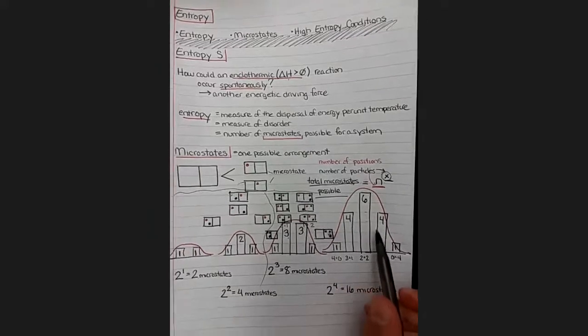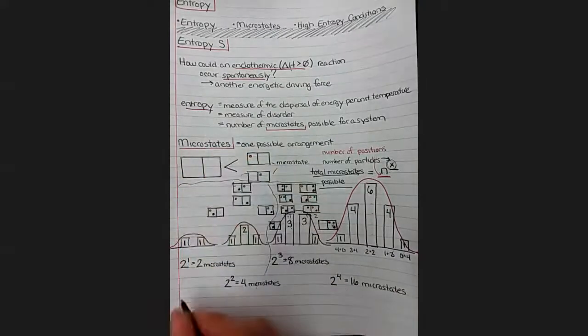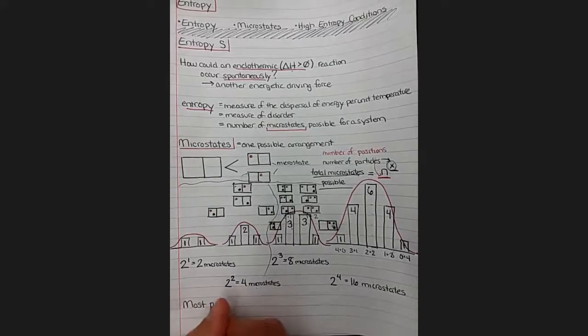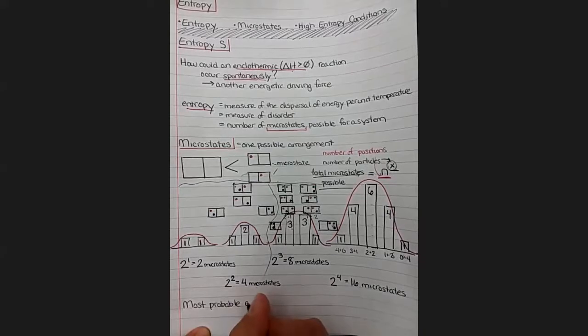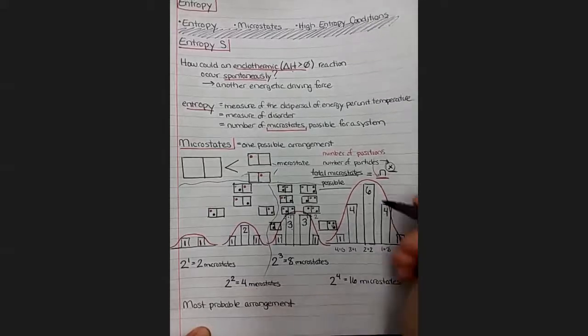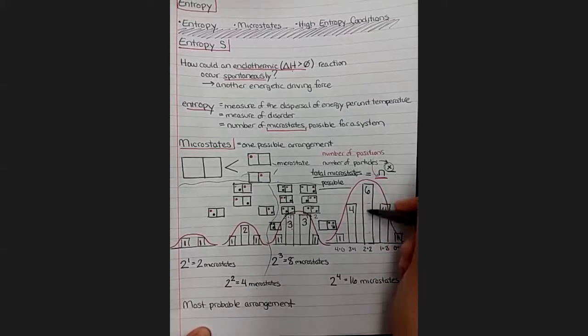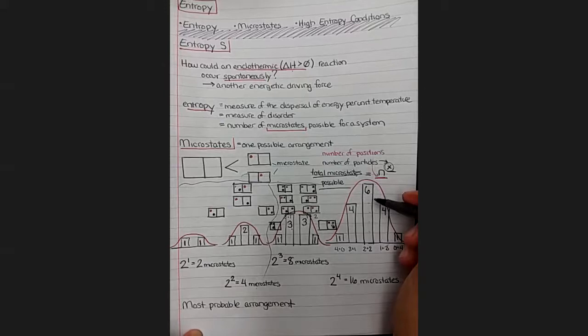So that leads us to one of the important parts of this microstate examination. Remember, the number of microstates is related to the entropy, and what we've learned here is that the most probable arrangement of the particles, right? The most probable is the tallest bar, the one with the most number of possible ways to make that situation.